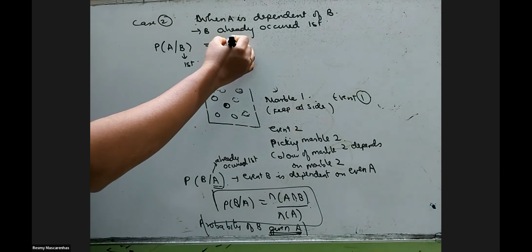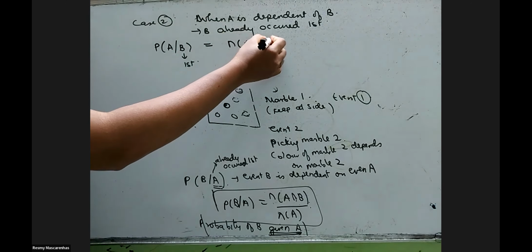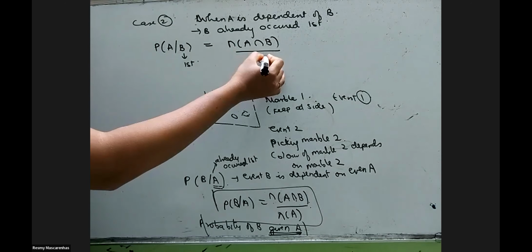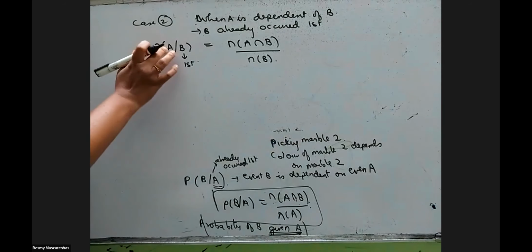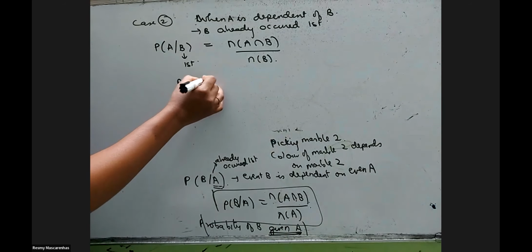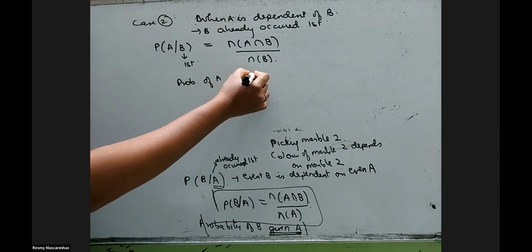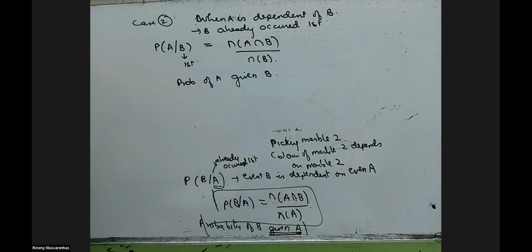The formula will be the same, only N of B will come. Basically you have to find probability of A given B. B will be given and then you have to find probability of A. Whatever is given will always go to the denominator. Whatever occurs first is always here.